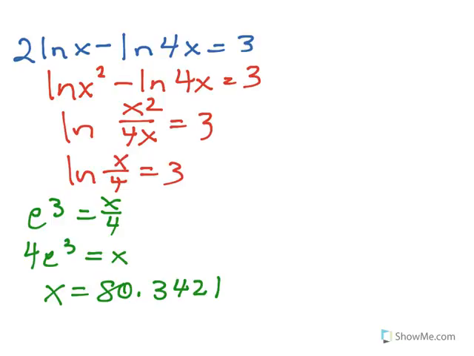I checked that in my original equation, and I'm good. So, next time you have to solve an equation with logs in it, squish if necessary, switch, and solve. It works every time.